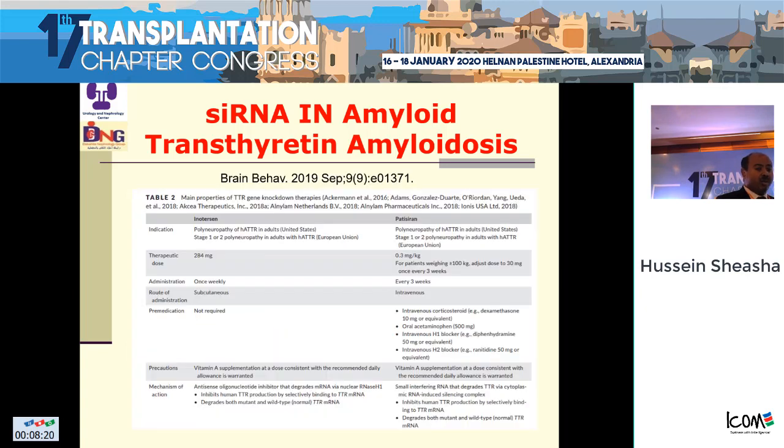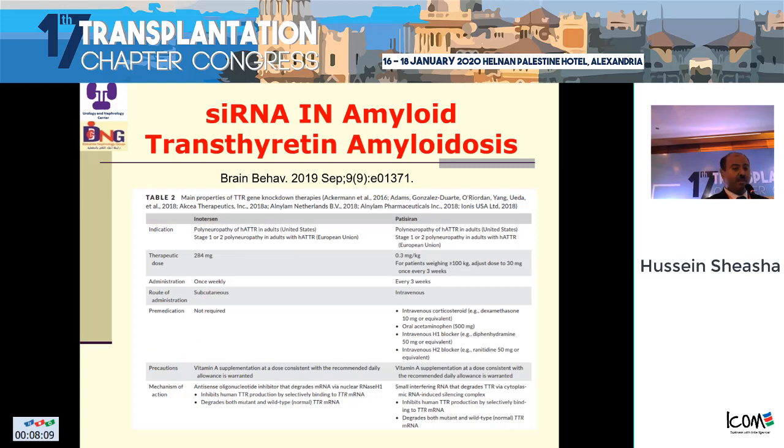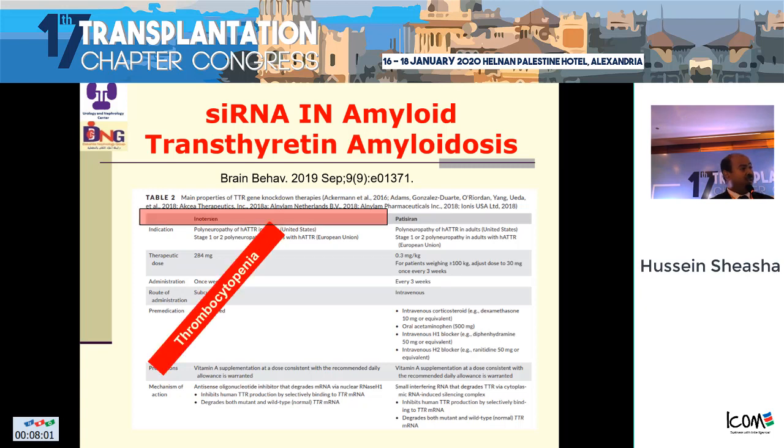And these are the two drugs, inotersen and patisiran. The first drug is given subcutaneously, so it doesn't need pre-medication, but the problem is it causes thrombocytopenia, and is to be used cautiously if the platelet count is less than normal, and it is associated with kidney and hepatic dysfunction.